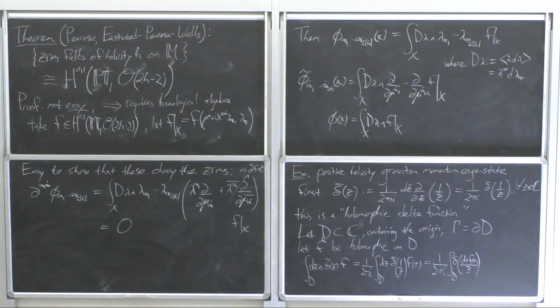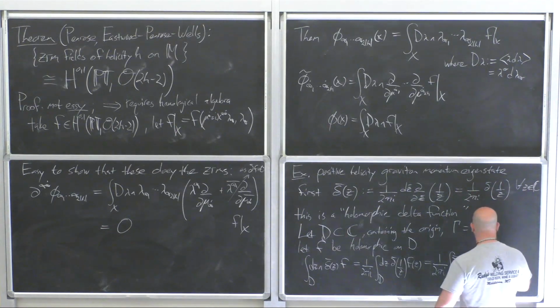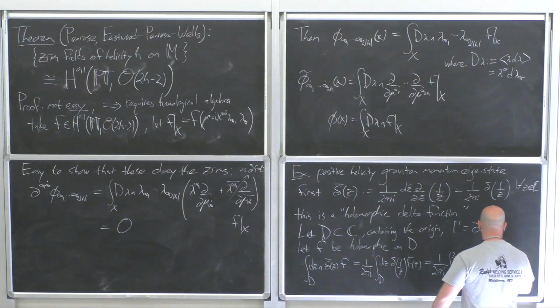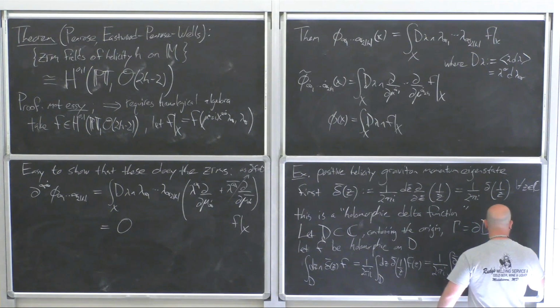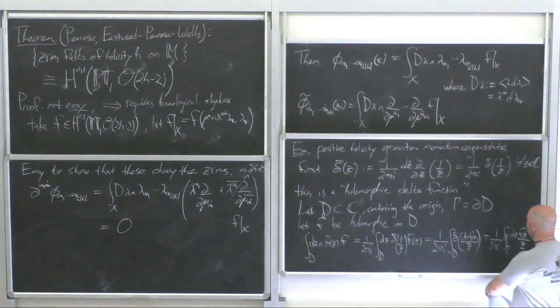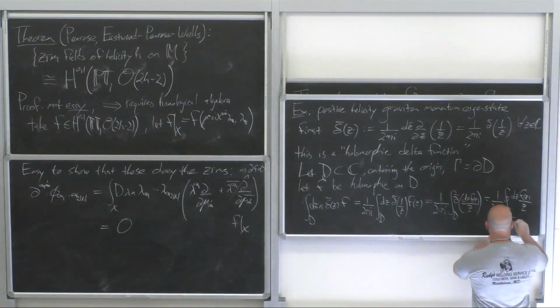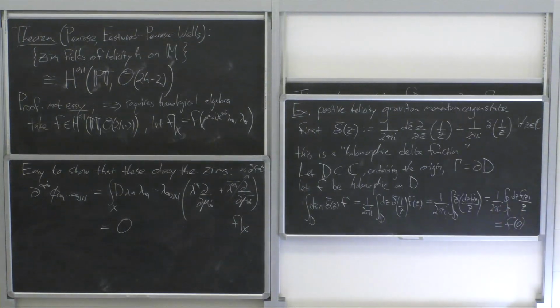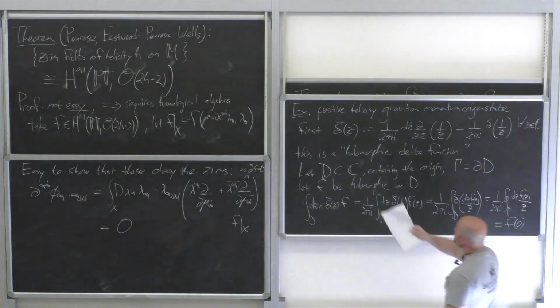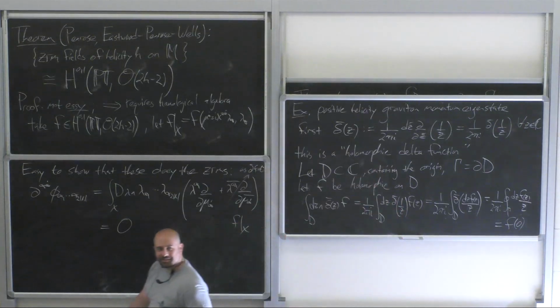Then Stokes' theorem tells me that's just a contour integral around the boundary, 1 over 2 pi i, contour around gamma, dz, f of z over z. And then Cauchy's theorem tells me that's just f at 0. So that's the sense in which this notation is justified, calling this thing a holomorphic delta function. Okay?